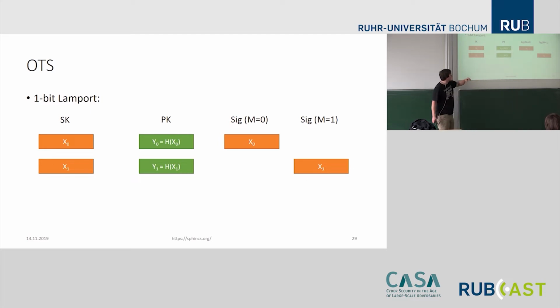Now to actually use this adversary as a preimage finder, what happens is you have to place an image that you want to invert into one of these two values. If you guess, for example, the adversary will invert y0, then you put it here.